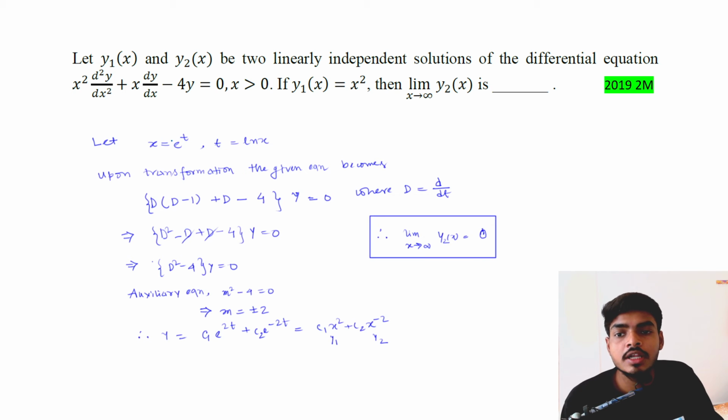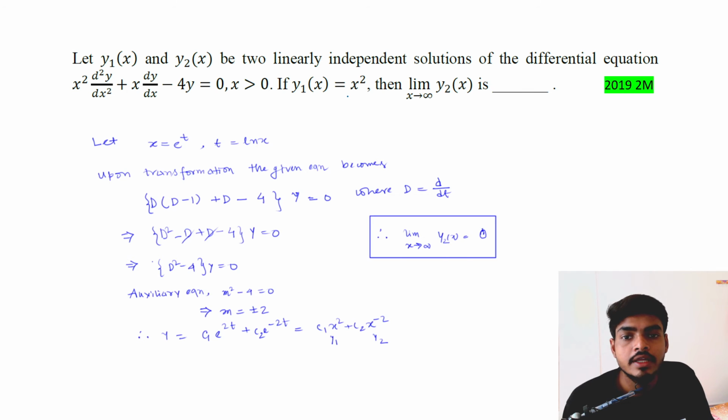But e to the power t is what? x. Then e to the power 2t would be x square, and e to the power minus 2t would be x to the power minus 2. They have given y1(x) is x square. So let's say this y is a linear combination of y1 and y2, as I am saying, c1 x square plus c2 x to the power minus 2.